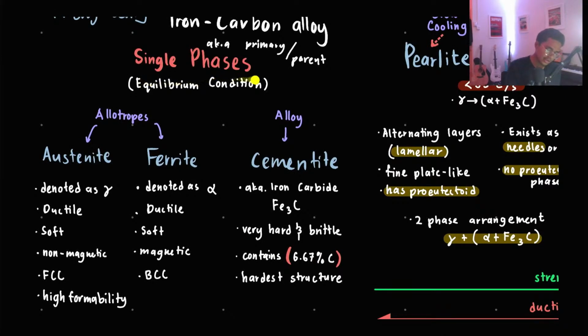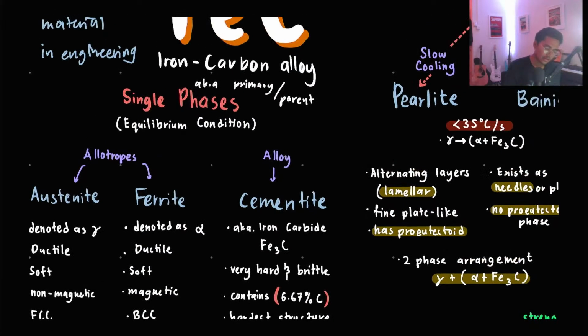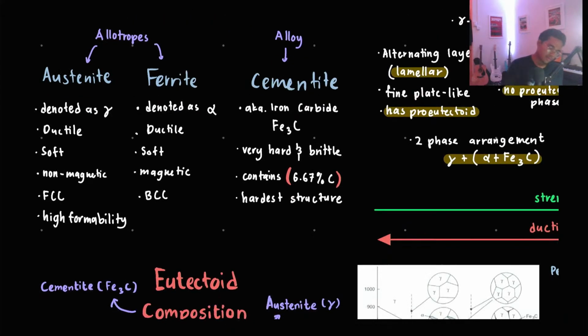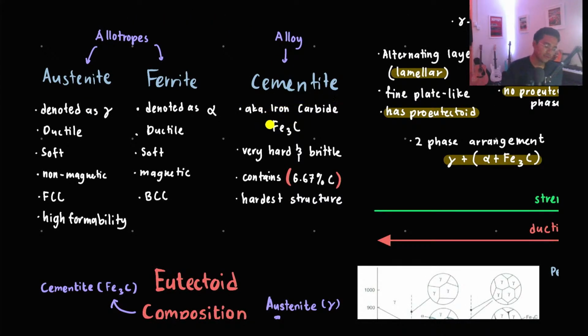Single phases are under the equilibrium condition. So there are austenite and ferrite. Austenite and ferrite are considered allotropes. Cementite is an alloy, because cementite is also known as iron carbide, Fe3C.